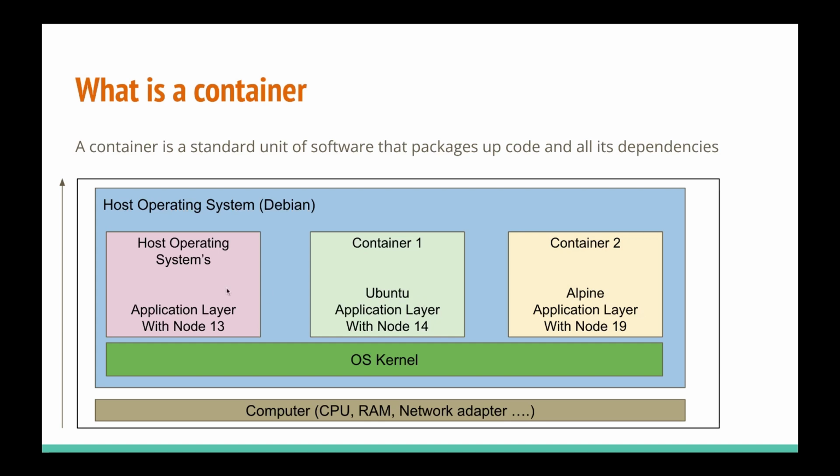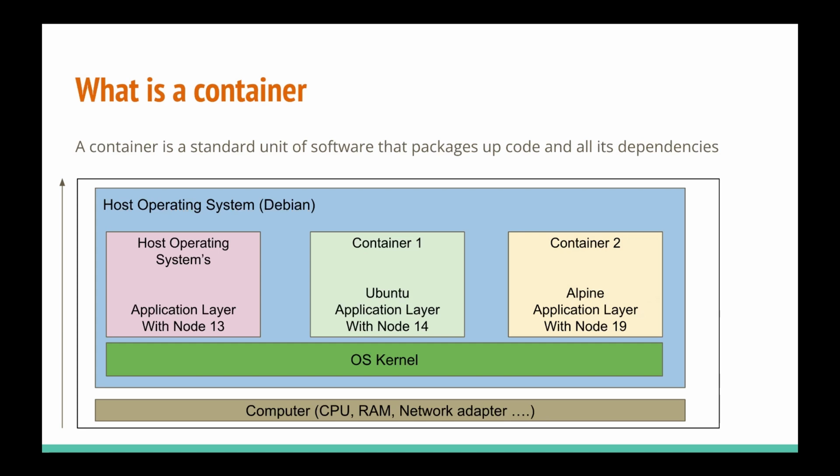It's going to be isolated from the host operating system. So this Node 14 is not going to interfere with this Node 13. We can have another container there, an Alpine Linux, which is another distribution, which has Node 19, and they are not going to interfere with each other at all.